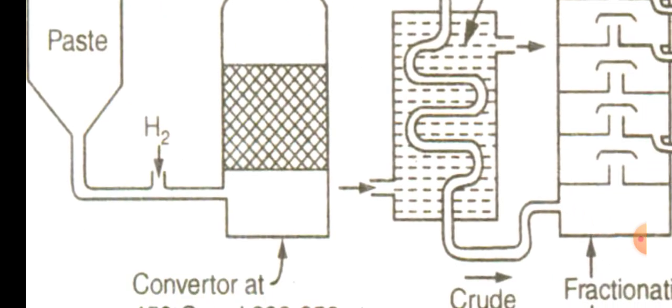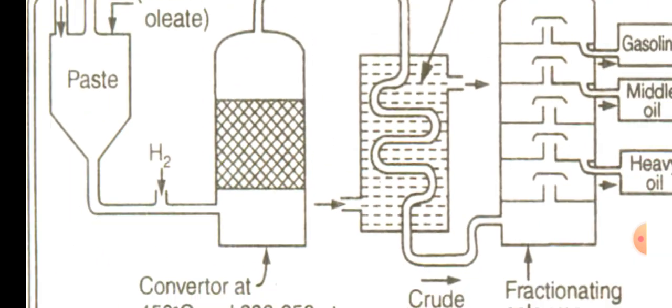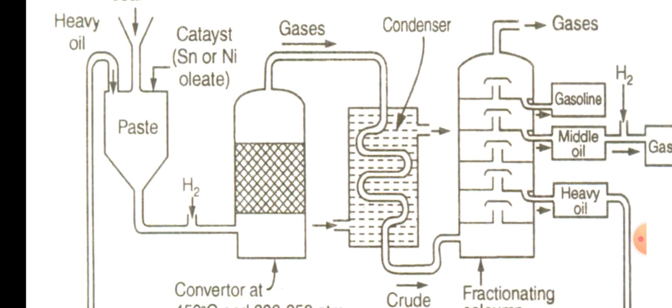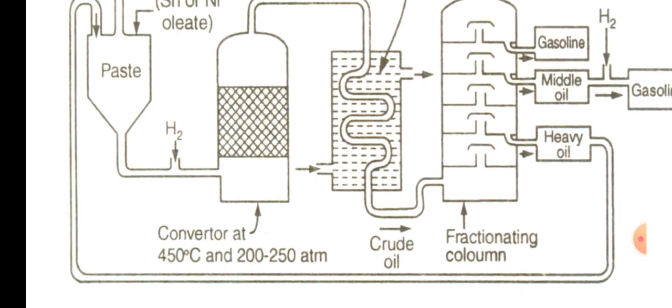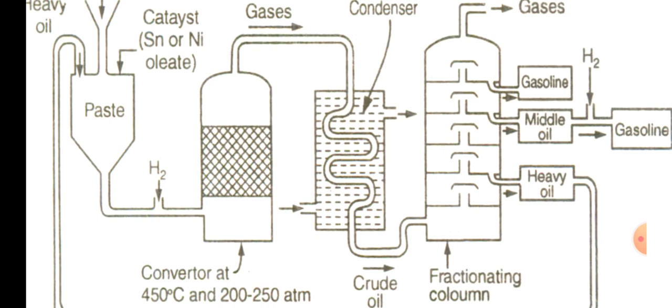In the meantime, hydrogen gas is also passed to the paste in the converter. Inside the converter, the condition maintained is 450 degrees Celsius and 200 to 250 atmospheric pressure, and the gases liberated from the converter are passed into the condenser. Normal temperature is present in this condenser.